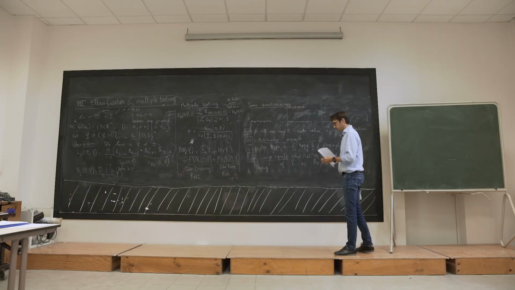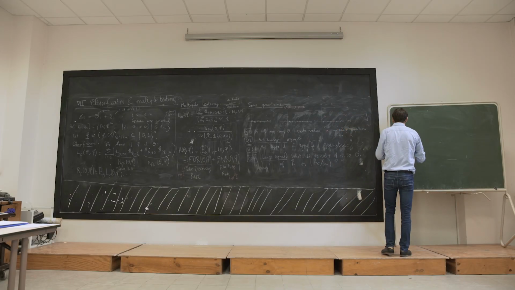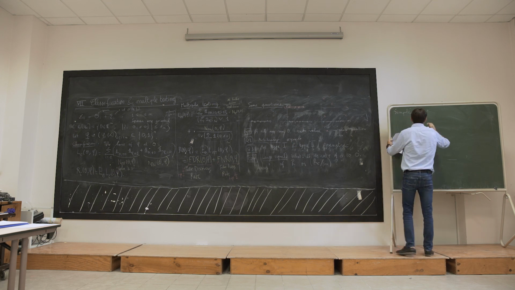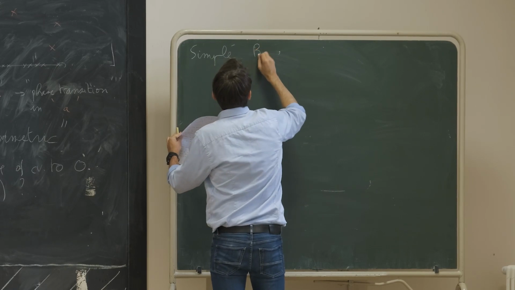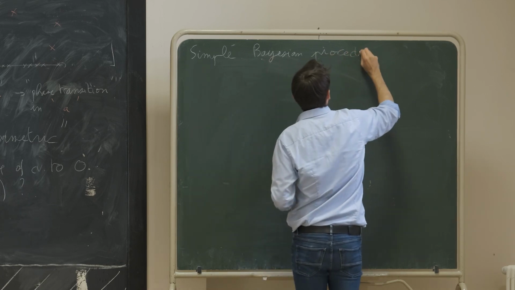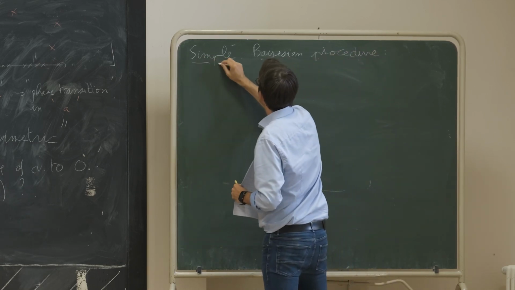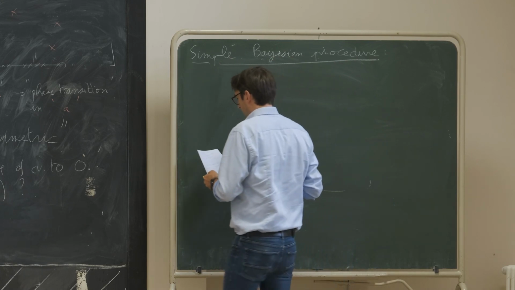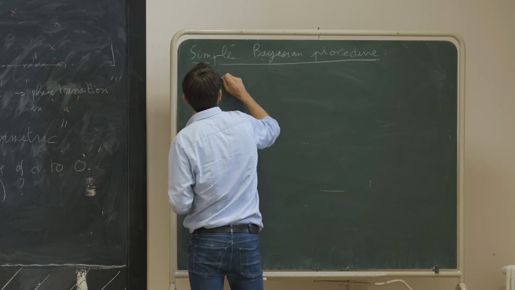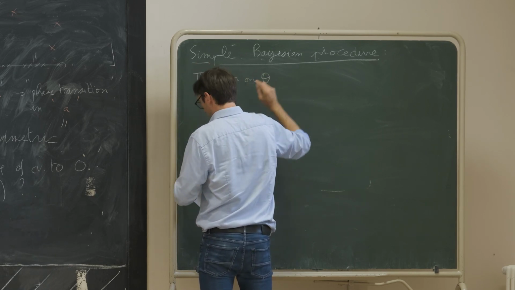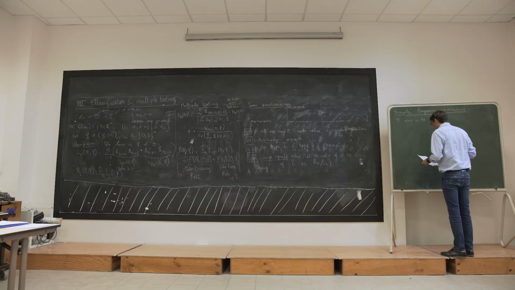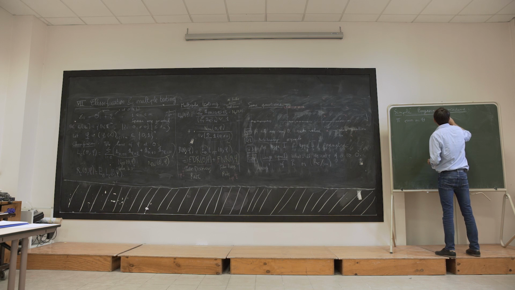If there are no more questions, let me go on. Now on this board, let's be a bit Bayesian and define a simple Bayesian procedure. We have actually already defined it. We take a prior pi on theta, and a natural prior here, remember, is the spike and slab prior, where we flip a coin.